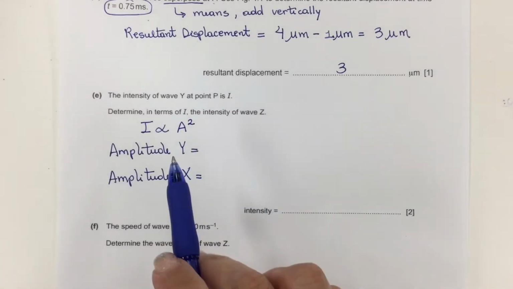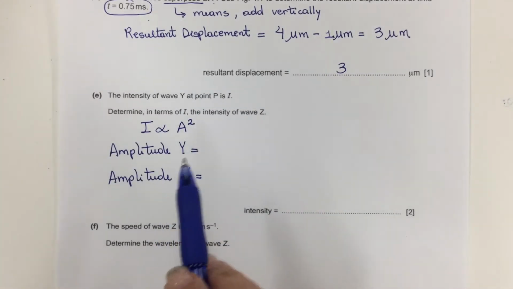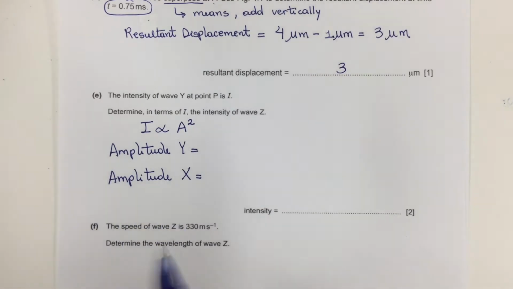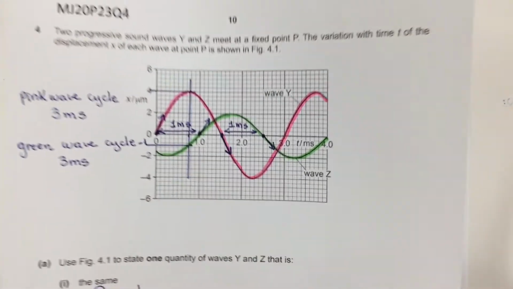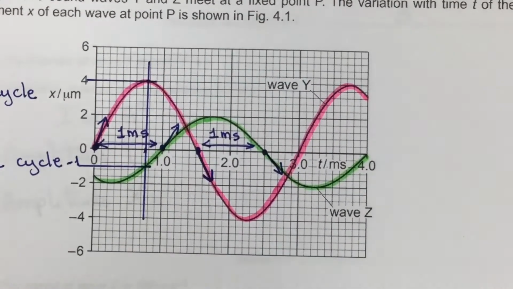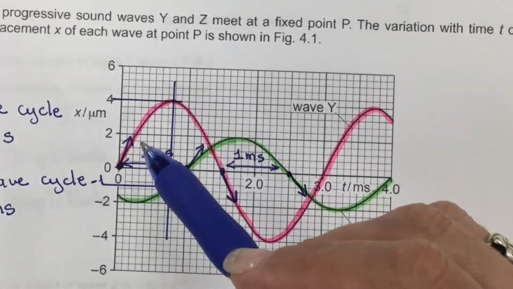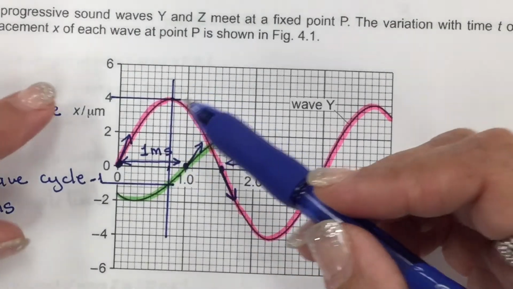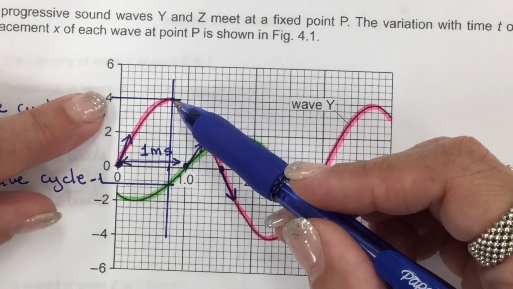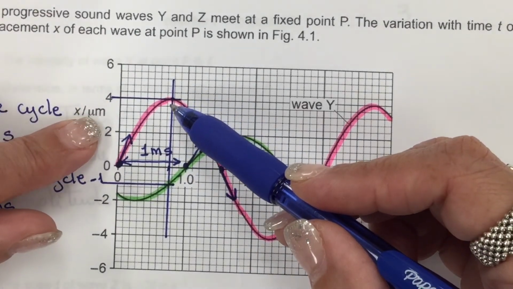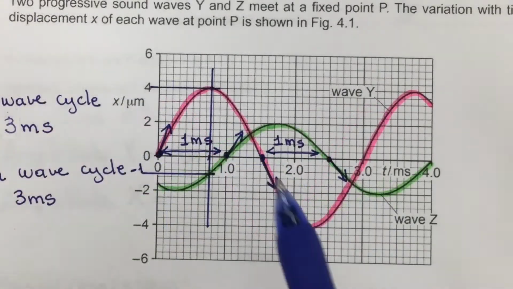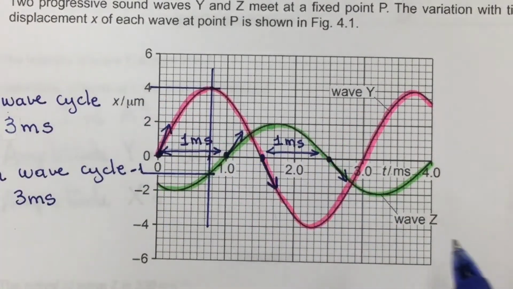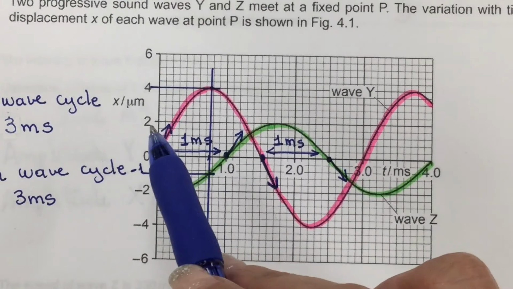So to solve this question, we need to find the amplitude for Y and the amplitude for wave Z. Right here, the amplitude for Y, which is the pink one, is the highest point here, which is 4 micrometers. And the amplitude for the green one, wave Z, is 2 micrometers.